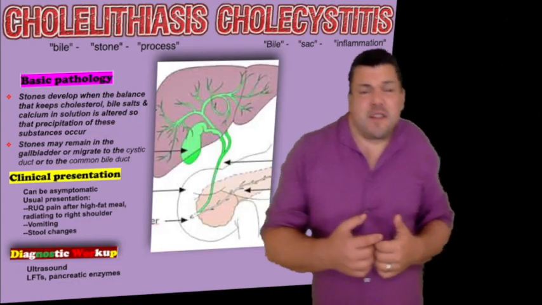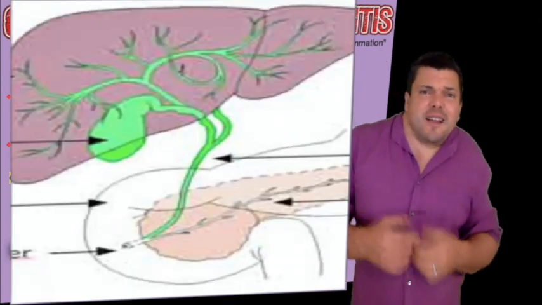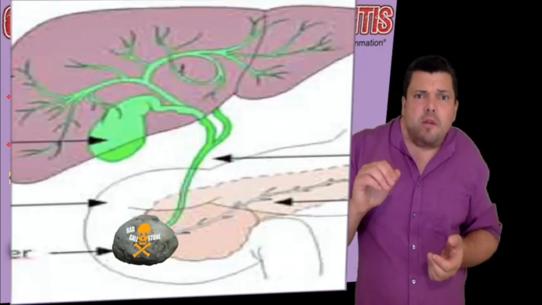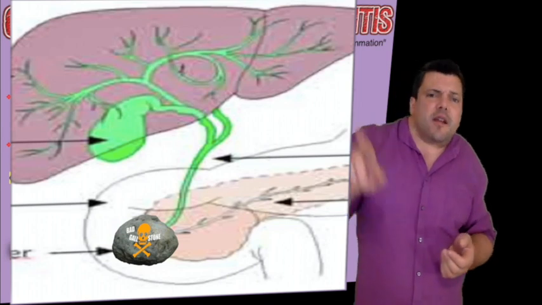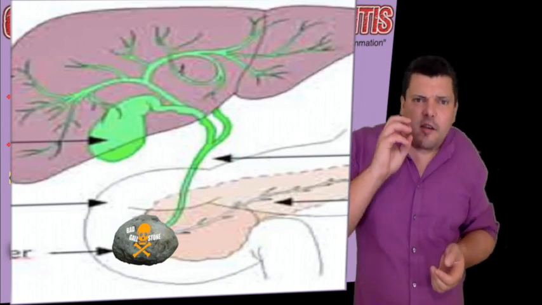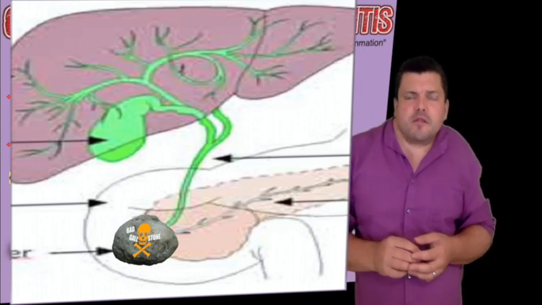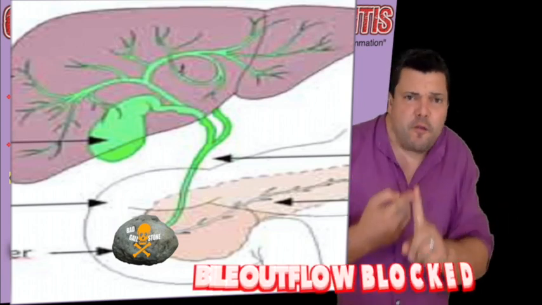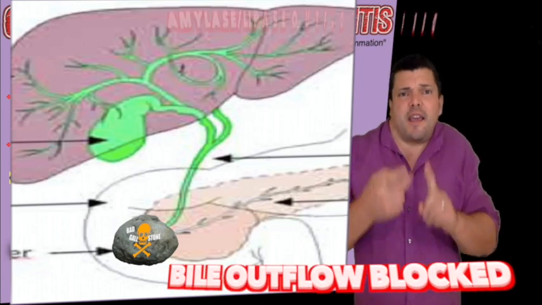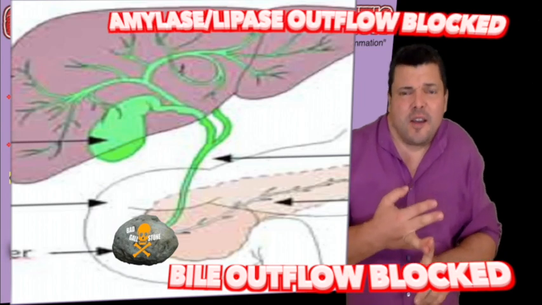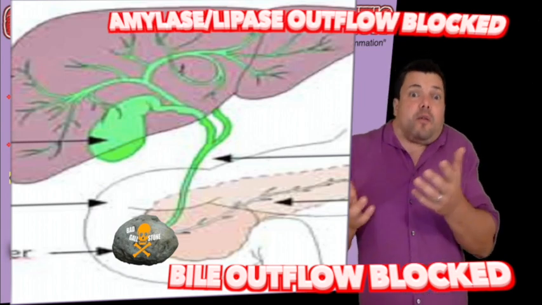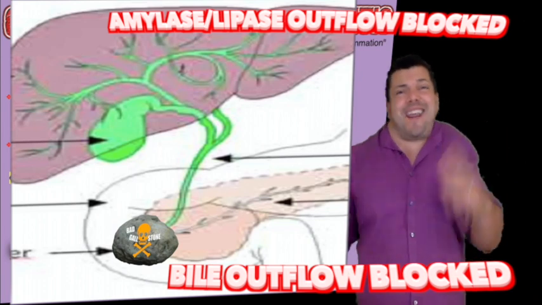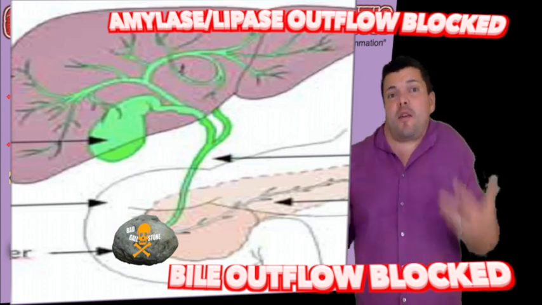And you can go one step further, because let's say hypothetically that a biliary stone gets all the way down and is just blocking the actual opening to the duodenum. In that setting, not only is it blocking bile from getting out, but it's blocking amylase and lipase. You can have a patient with cholecystitis and pancreatitis, and they're not getting any enzymes into the gut at all.